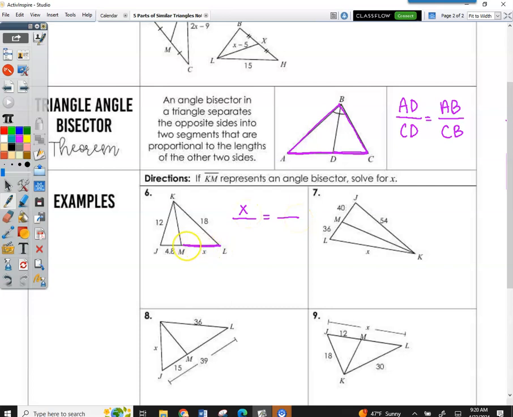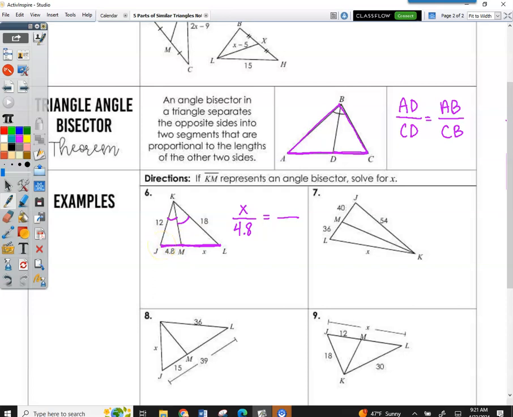So X is down here. They're saying KM represents the angle bisector. So X is here, and in here is 4.8. Think of it as the side opposite of those two known angles.